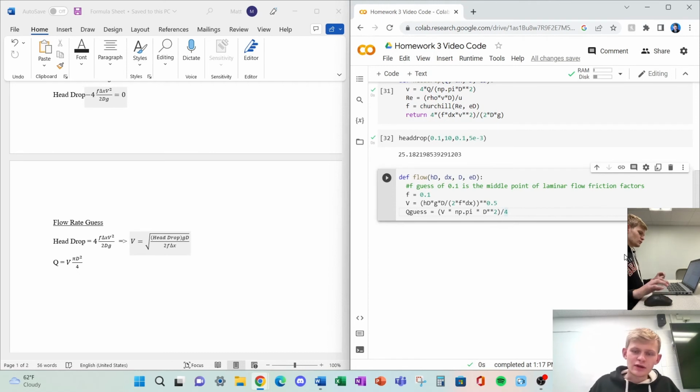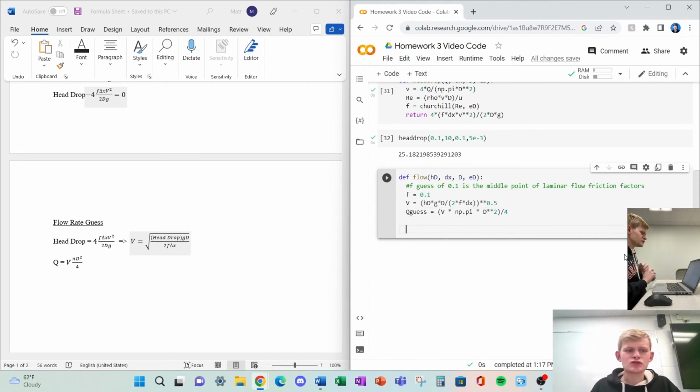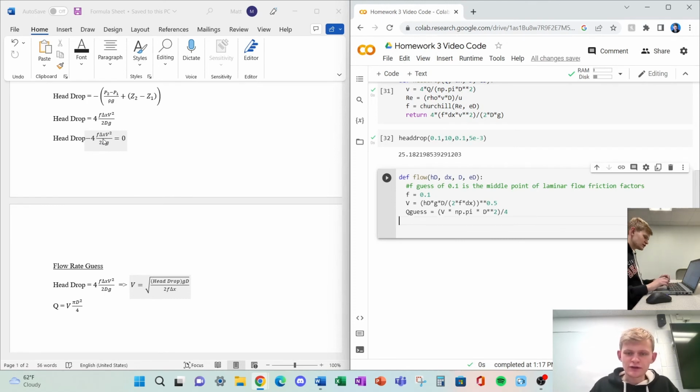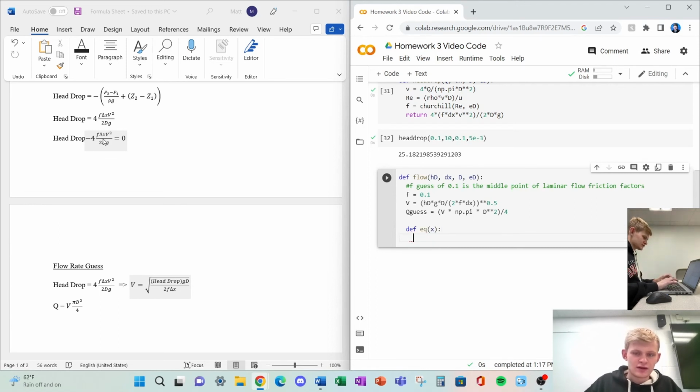So we have our guess. Now we need to come back over here and try to prove that our head drop minus our other head drop equation is 0. So we need to define a function within a function. It's kind of crazy. So we're going to define a function called equation, and our given value is going to be x.